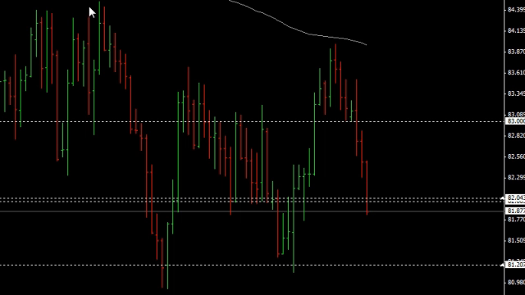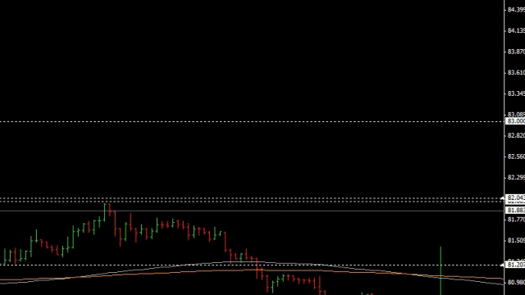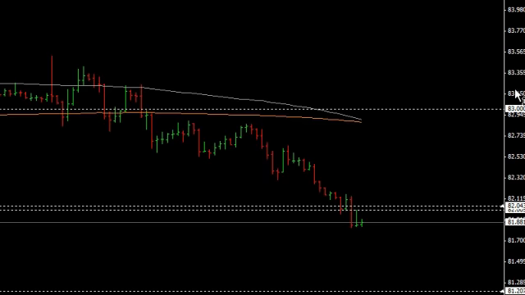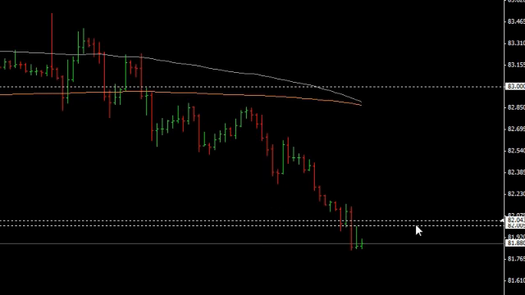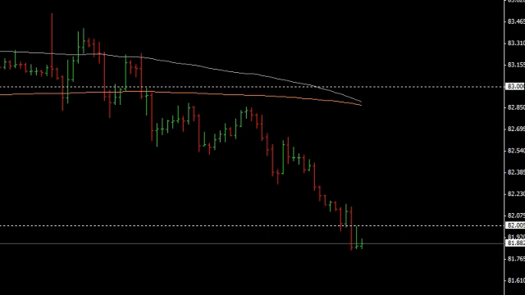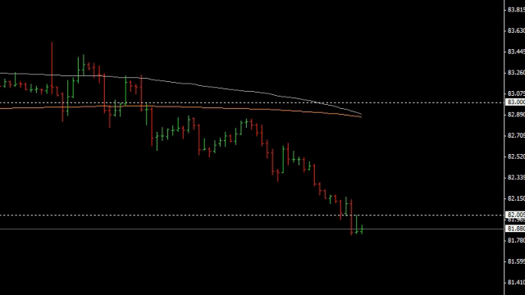If you want to zoom down to the 1 hour chart here, it gives you a clearer picture. Sometimes I do zoom down to the 1 hour chart just to see what's happening on a more micro level. So let me zoom in for you.